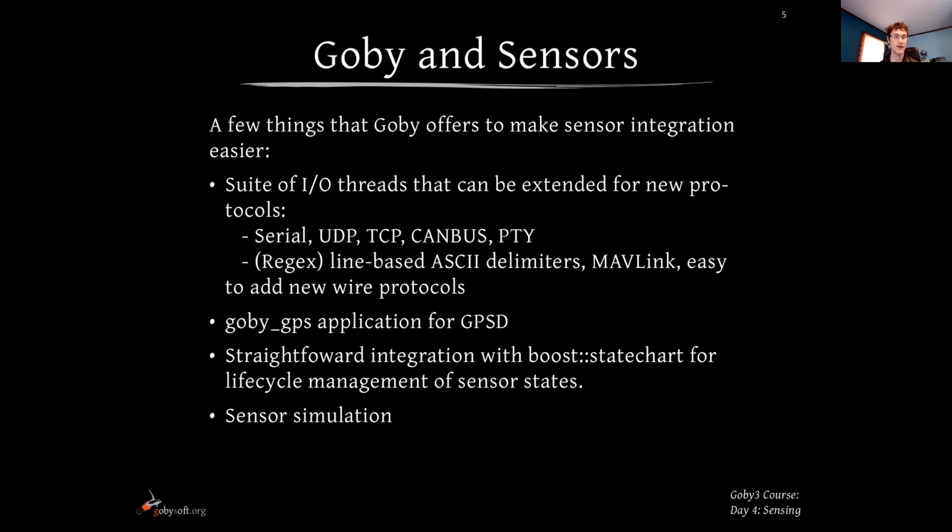What exists already in Goby: we have serial, UDP, TCP, CAN bus, PTYs, or virtual serial ports, which is generally useful. And in terms of delimiter protocols, we have line-based, so something like carriage return new line-based ASCII protocols. There's a binary MAVLink protocol in there, and it's designed, as we'll see in a bit, to be quite easy to add new wire protocols. It's pretty much just implementing a single read method to do so.